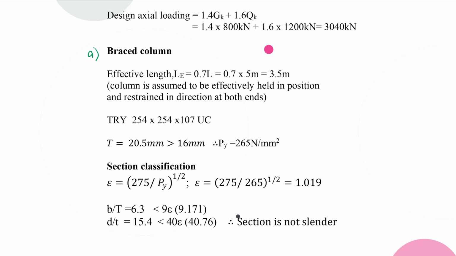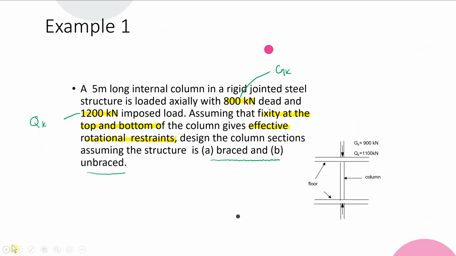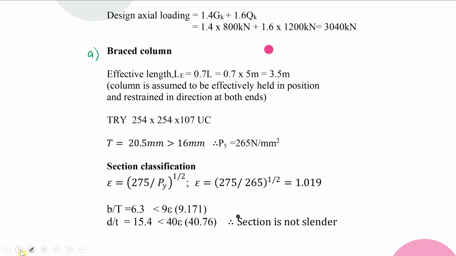So effective length LE is equal to 0.7 times L, sebab ini 5 meter ni adalah the length of the column, which is given in the question. Okay, so kita pun ambil the value of L is 5 meter, so you get 3.5.